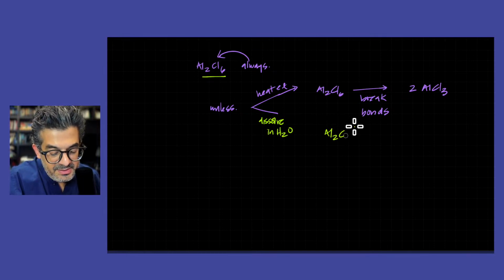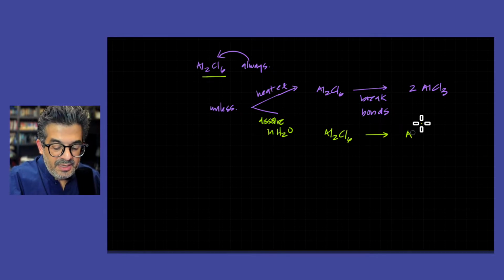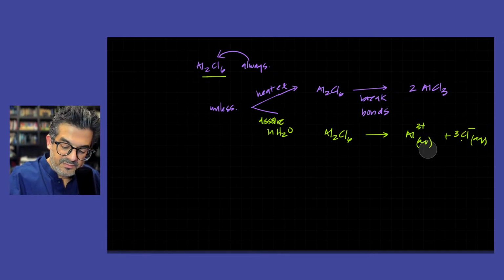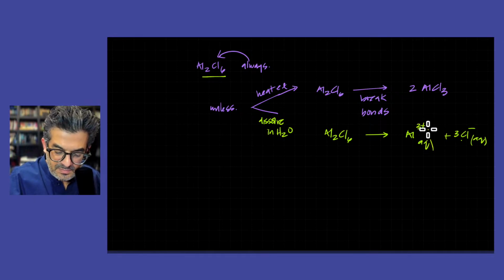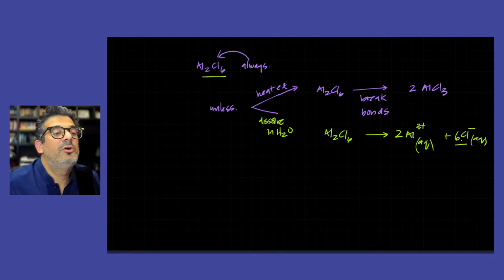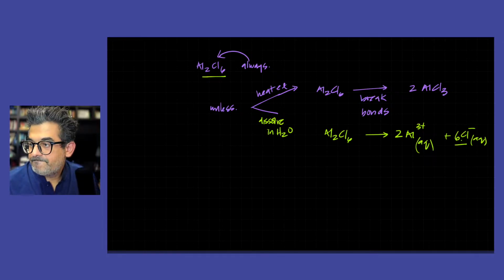And then what happens is it becomes Al3+ (aq) ions separately and Cl- (aq) ions separately. And there are 2 Al3+ ions and 6 chloride ions. That's what it is.